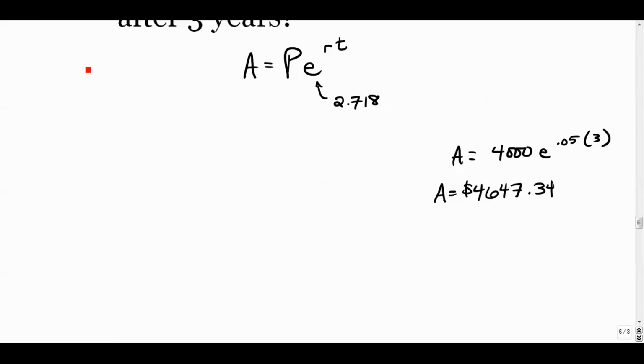So let's compare it to simple, first of all. Then we'll compare it to compounded quarterly, and then annually.